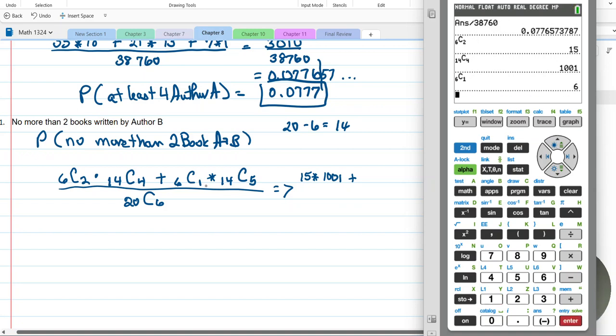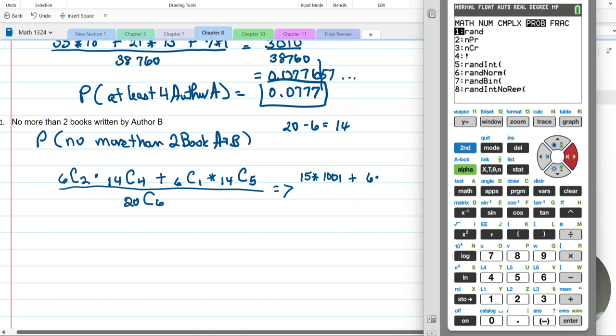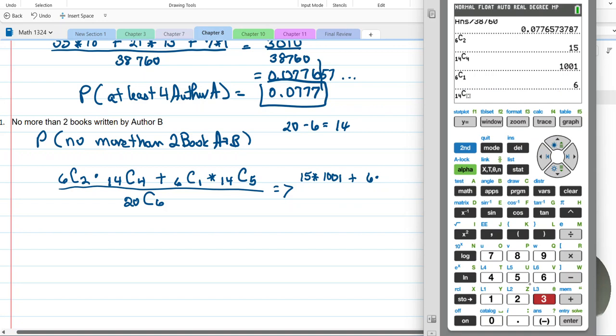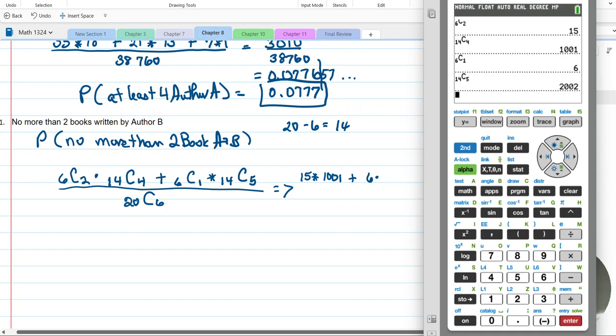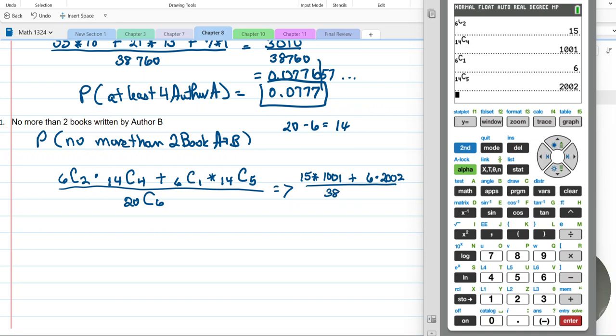Well, that's 6. 14, math, PROB, oops, sorry, 1 too many, 3, and we're choosing 5. And this we already know is 38760. So we're going to do the math now.